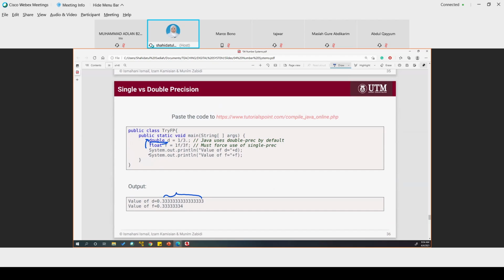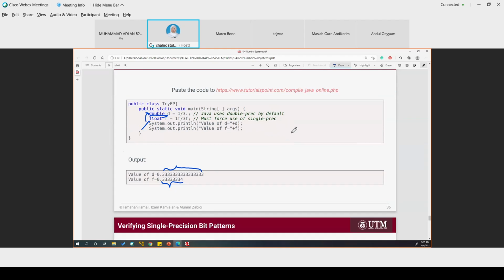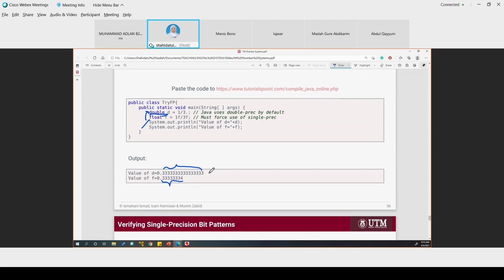If we only use single precision, where we just write float here, the floating number is less precise. This is how we are forced to use single precision. You don't have to worry about the programming here. It is just an activity in class. We're not asking for programming, how to write the code, in the test and final. This is just an activity in class so that you can check the precision value.